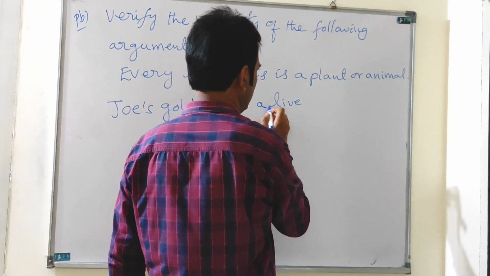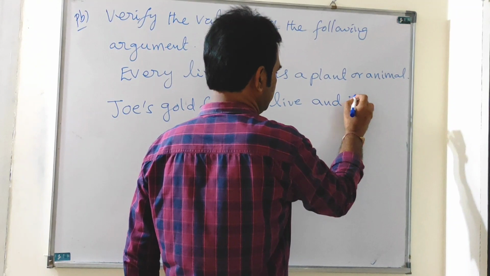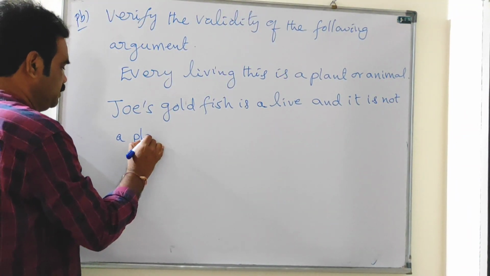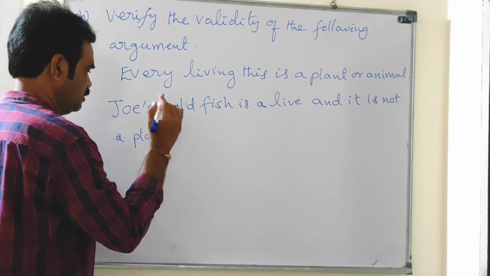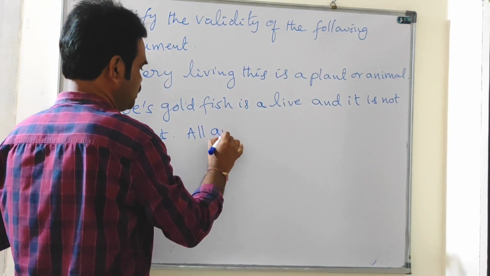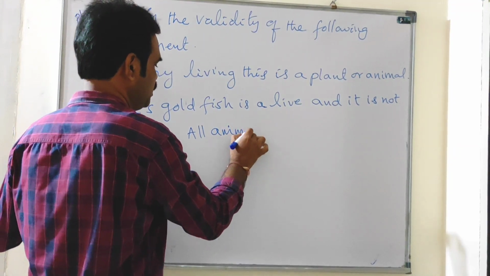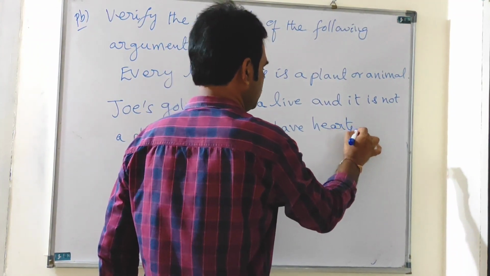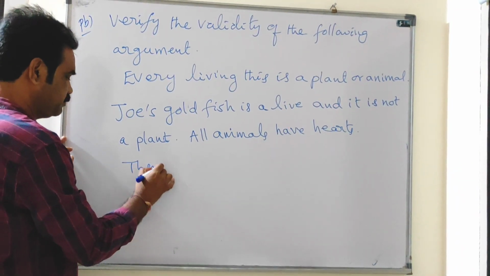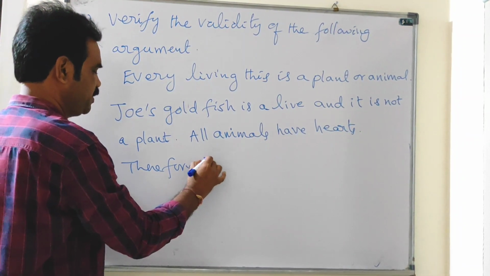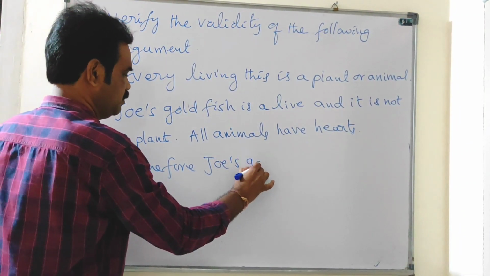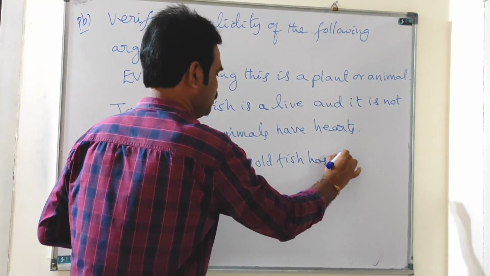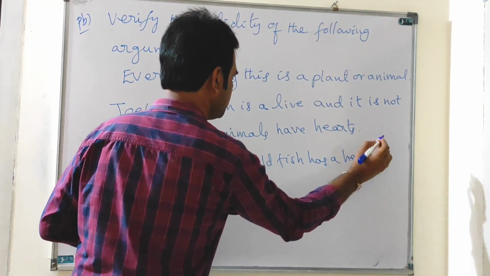Joyce goldfish is alive and it is not a plant. All animals have hearts. Therefore, Joyce goldfish has a heart. This is the given argument.